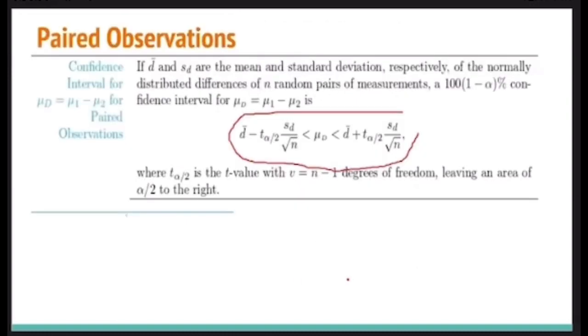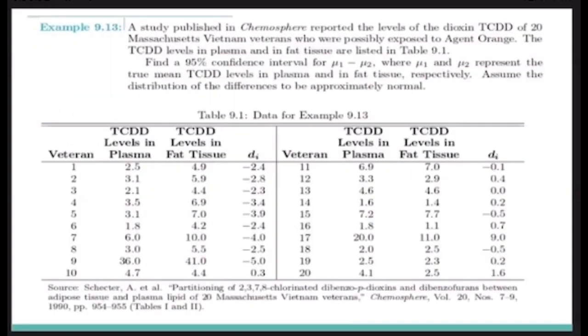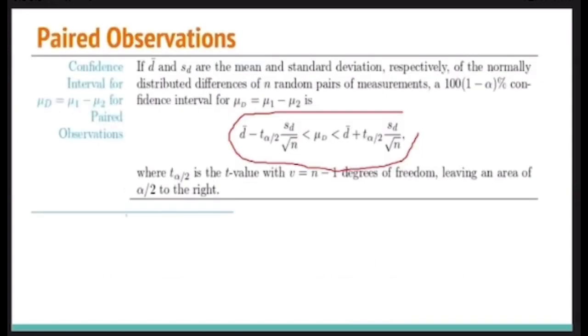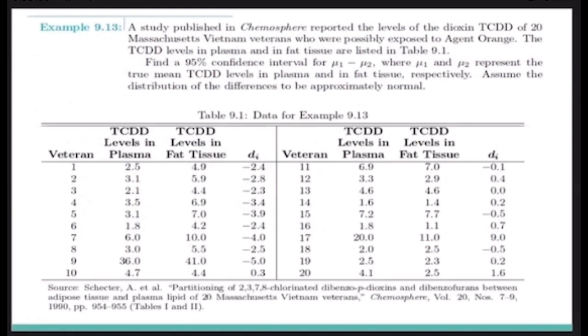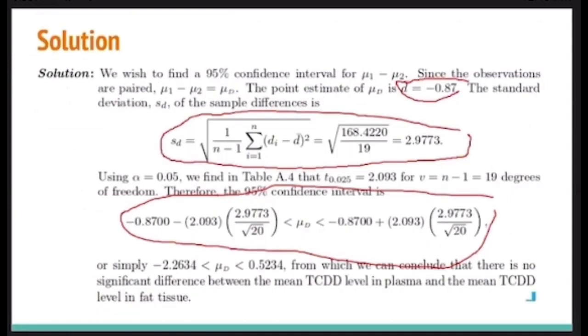We're going to plug that in. And the degree of freedom here is n minus 1. Always n minus 1. Does that make sense? It is not two groups. It's the same group, except that they were visited on more than one occasion. Does that make sense? Okay, now, in the end, what do we get?